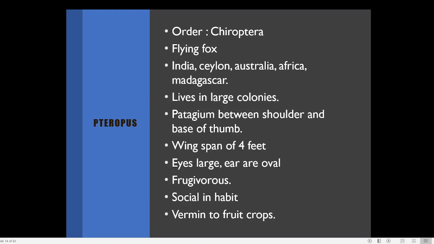We are unable to detect sound which has a frequency above 20,000 hertz. Our hearing range is between 20 hertz and 20,000 hertz. You might have studied that. If the sound wave is above that, we will not be able. But dolphins are capable, whales are capable. Then this bat is also capable.